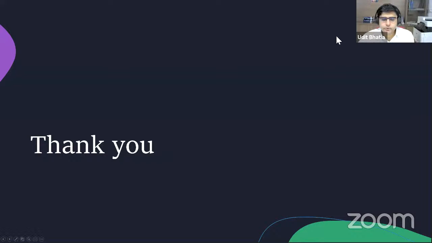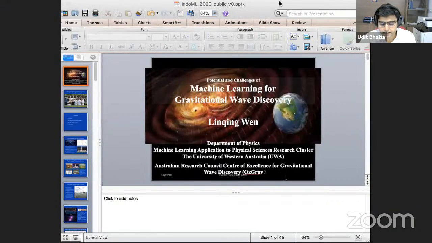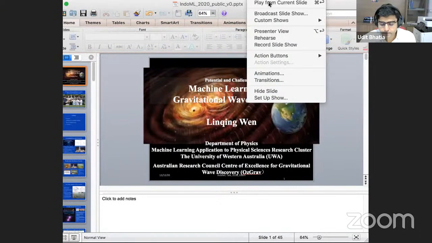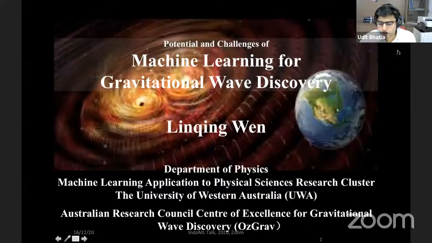So, moving to the last talk of the evening by Dr. Lingqin Wen. Dr. Wen is a professor of physics at the University of Western Australia. She obtained her PhD in astrophysics from MIT in 2001 and was a postdoc at Caltech and the Max Planck Institute for Gravitational Physics in Germany before joining the University of Western Australia in 2007.